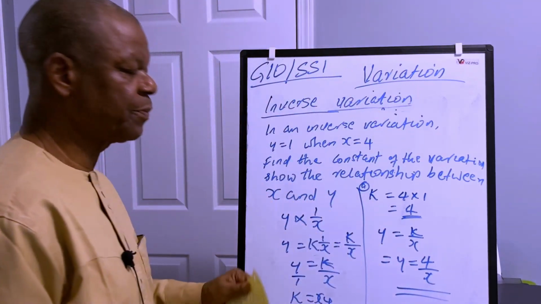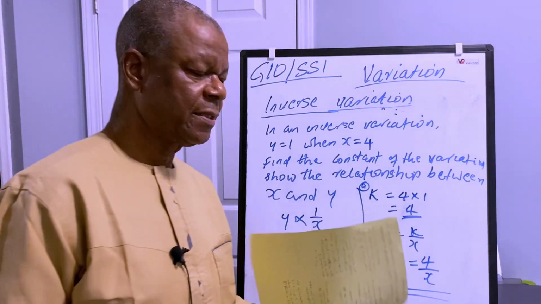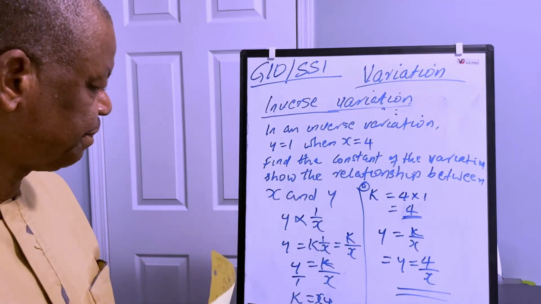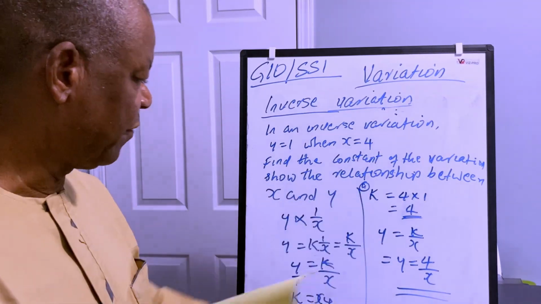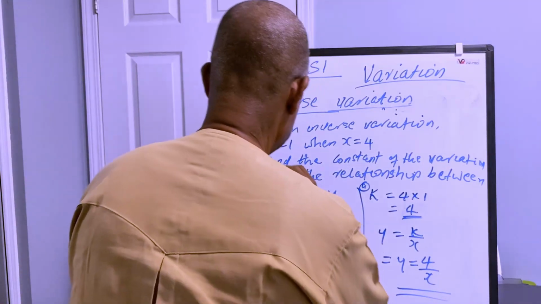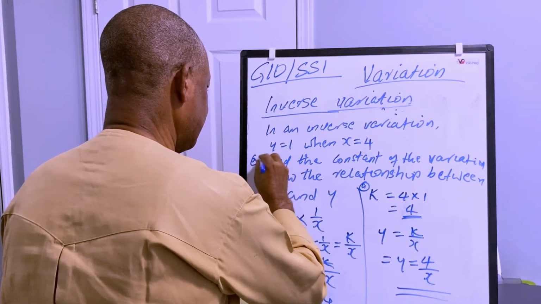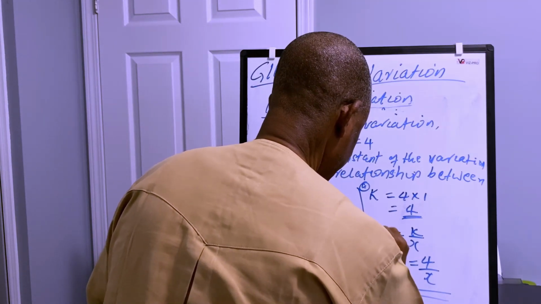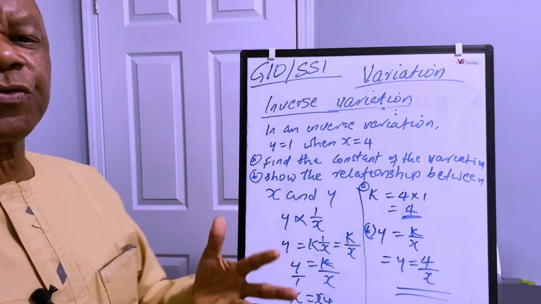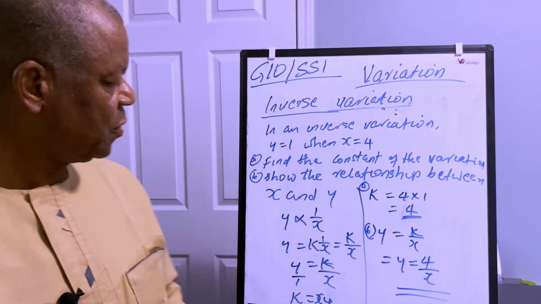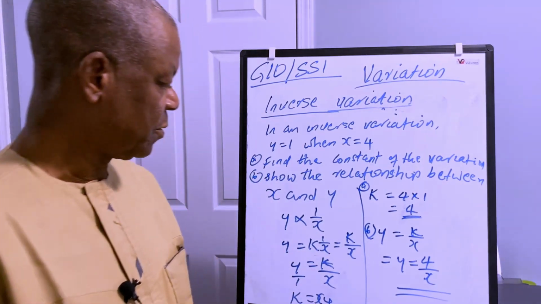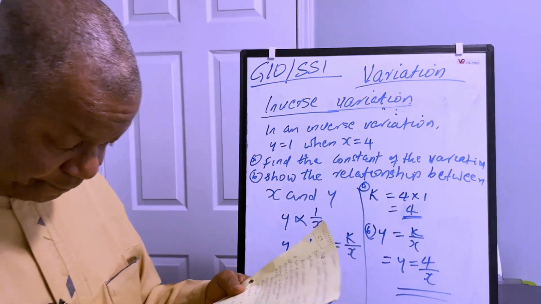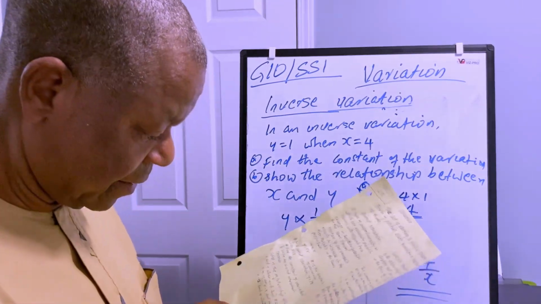This is the relationship between x and y in this very example. So we have found the constant. Let's label this as question A, and this is B. So this is our B, the relationship between the two variables. So that's y equals 4 over x. That is for that one.